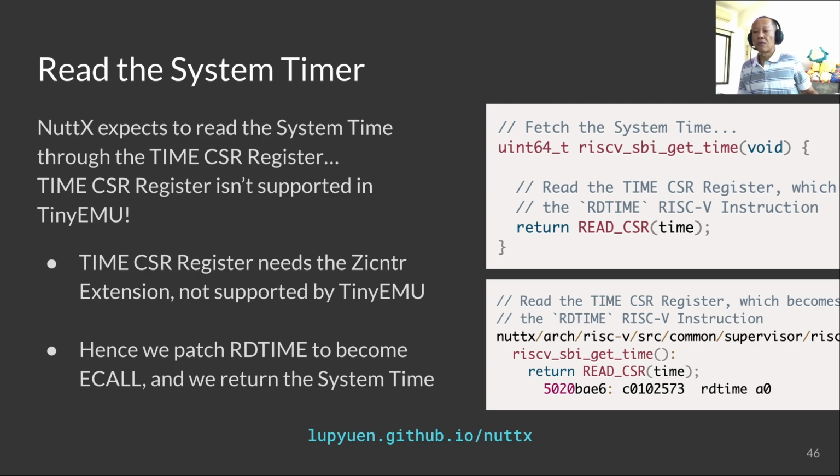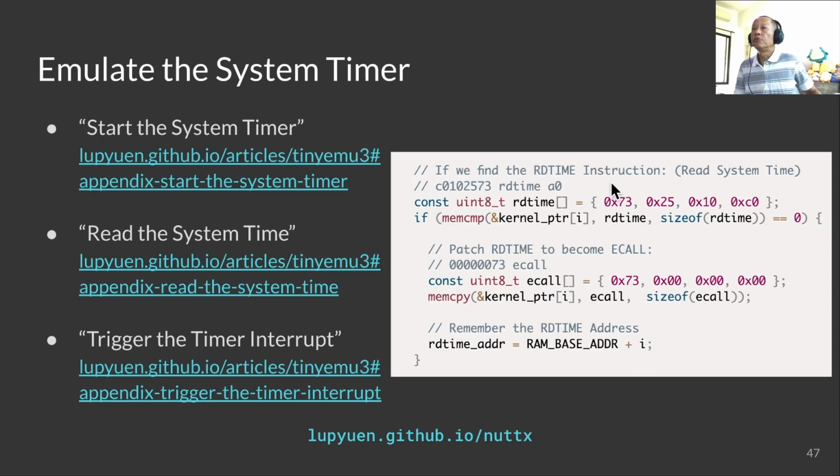At startup, we search for all RD time instructions. We patch RD time to become an eCall system call, and TinyEMU will emulate the eCall to return the system time. We have a few more steps to emulate the system timer. I won't cover the details today. Please check out these links.